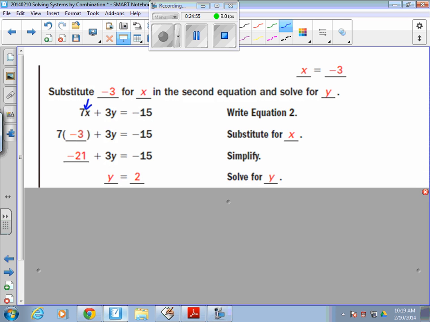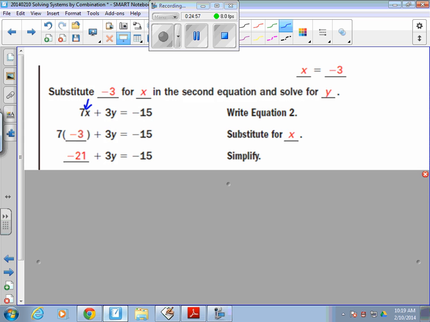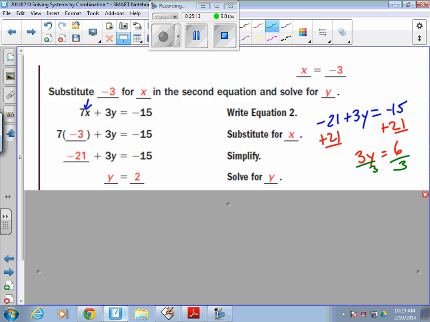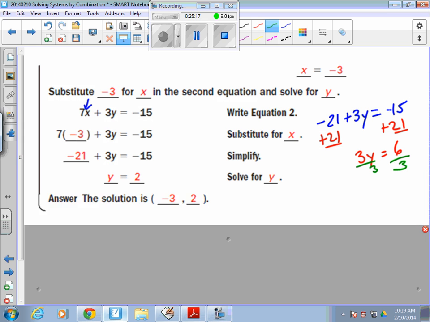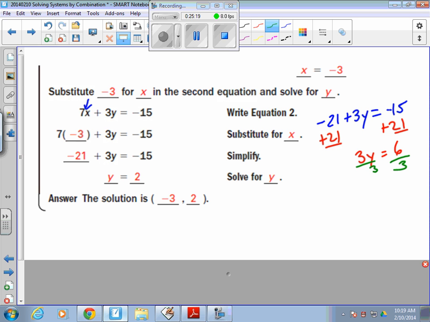Add 21 to both sides, and you get 3y equals positive 6, and then divide by 3 on both sides. So you get y's value as 2. So you have x at negative 3, y at 2, x comma y is negative 3 comma 2.